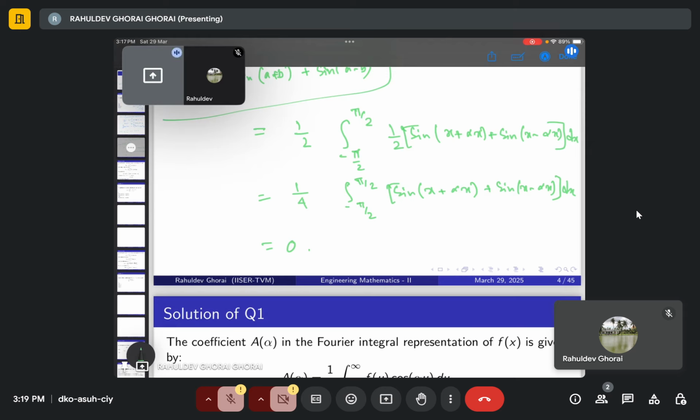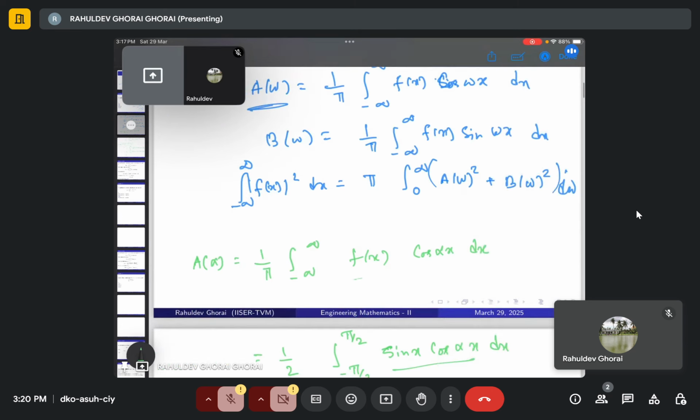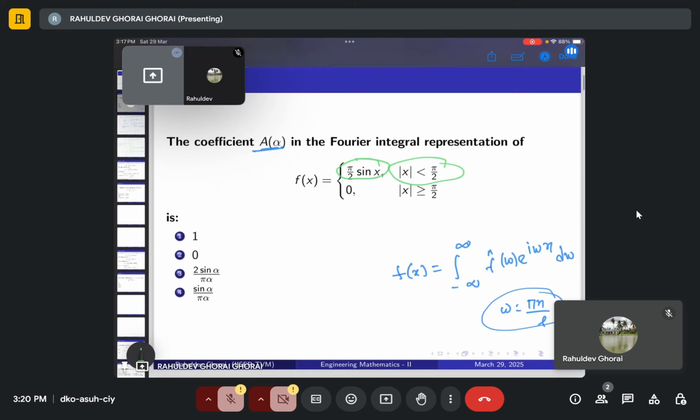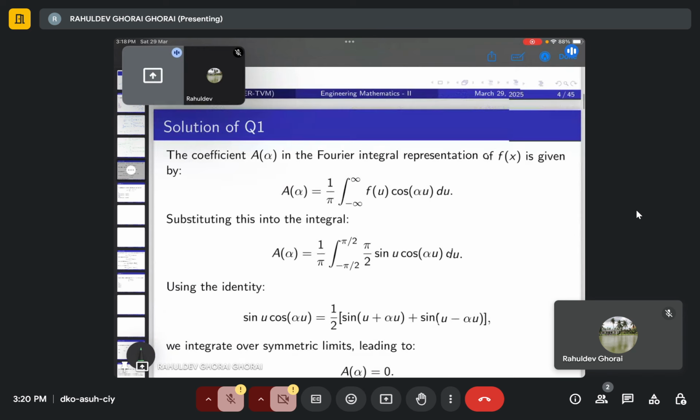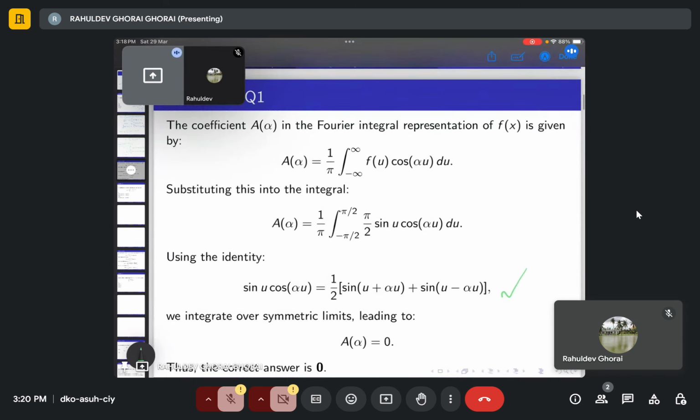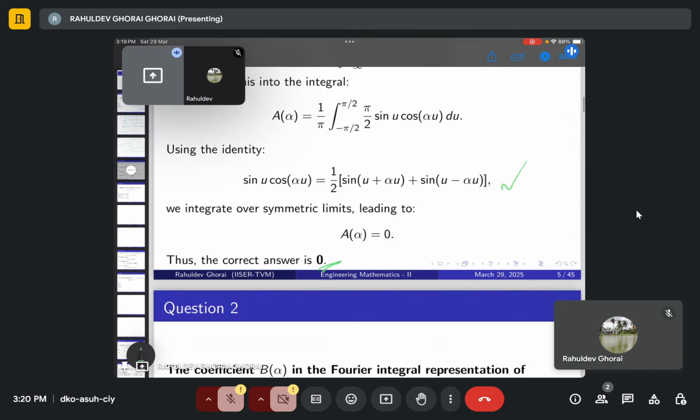So as the sine function is odd, and the addition of two sine functions is there, addition of two odd functions will be odd again, and thus we get the integral value equal to 0. It's independent of alpha. So the second option is correct, right? You will have the solution also here, which says this, and that's why it is 0. The correct answer is 0.